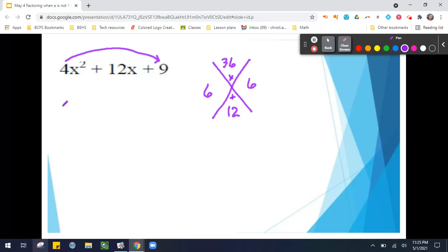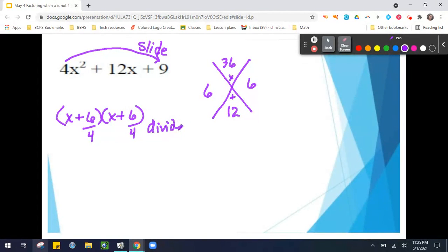I have to be careful to not just put x plus 6 and x plus 6. I have to remember that I used this slide, and if I used the slide, then I have to come back and undo that slide with a divide. Whatever I used to slide is the same thing I'm going to use to divide.